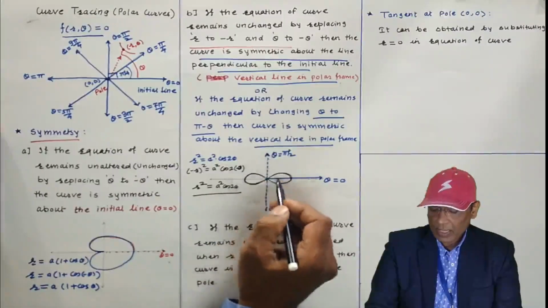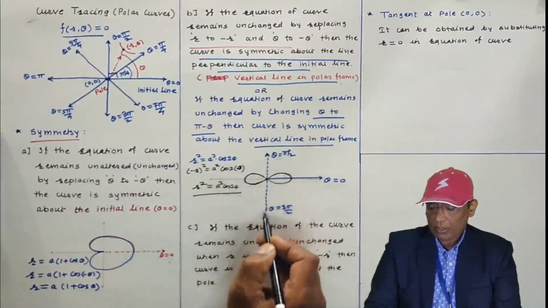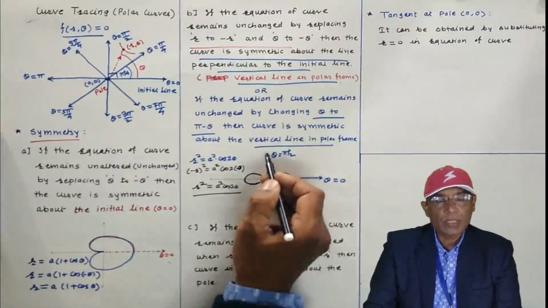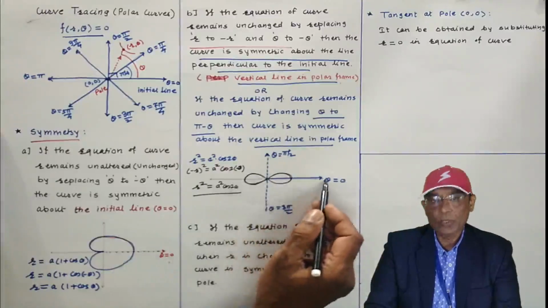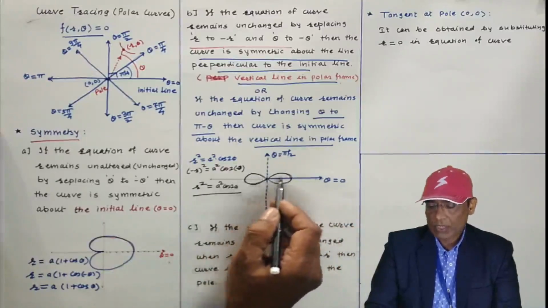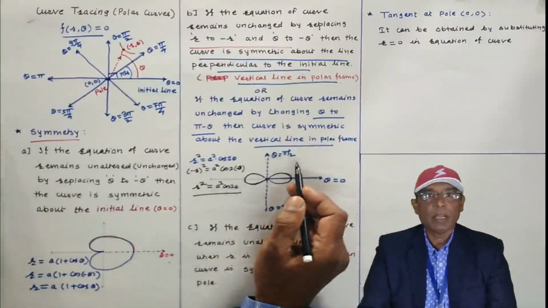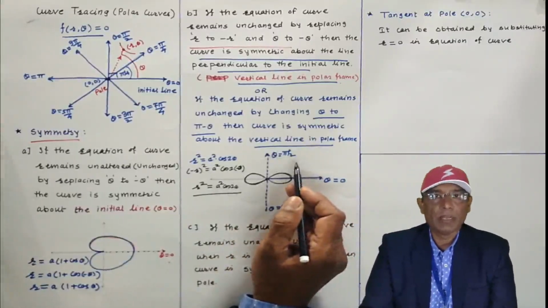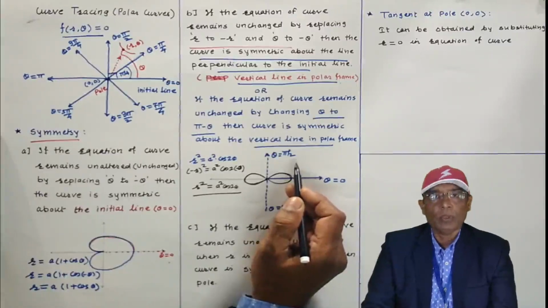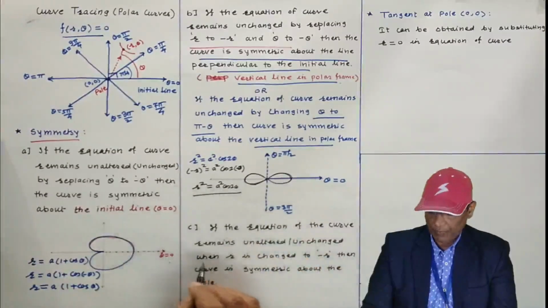Therefore, this curve is symmetric about the vertical line, the line perpendicular to the initial line. This curve is symmetric about the dotted line. In this way, you can check the symmetry about the line perpendicular to the initial line. Now, the symmetry about the pole.